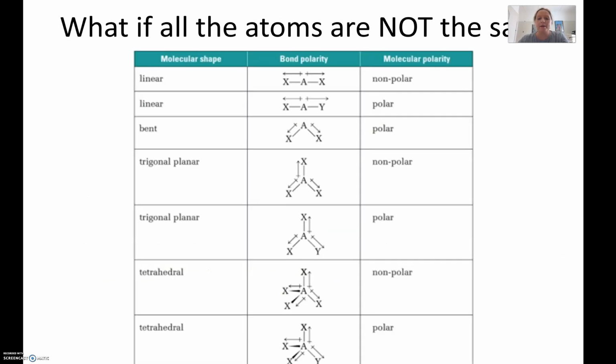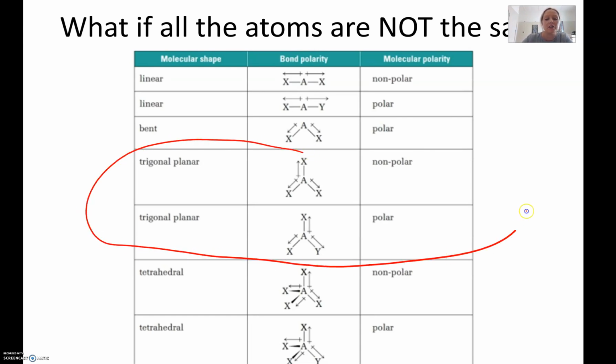Okay, so what happens if the atoms surrounding are not identical? So I'm actually focusing on this section here for now. Now, we don't do vectors in NCEA level 3. However, they can be quite useful to describe what's going on. So you can see here that in this example of trigonal planar, you've got X, X, and X. So the surrounding atoms are identical, which means that this shape is symmetrical and the dipoles cancel and it is non-polar.